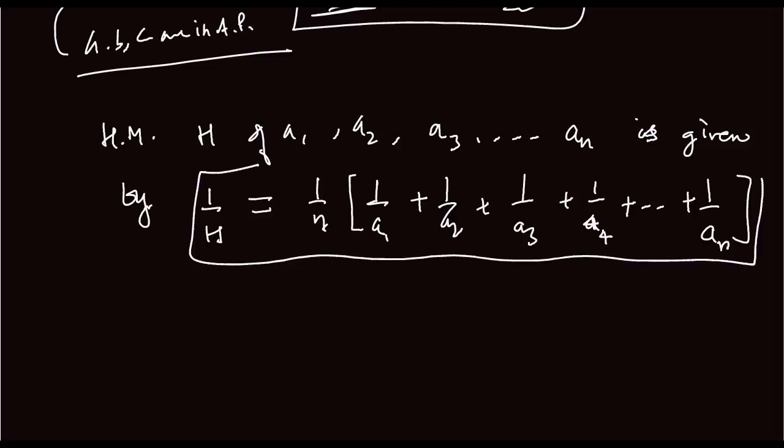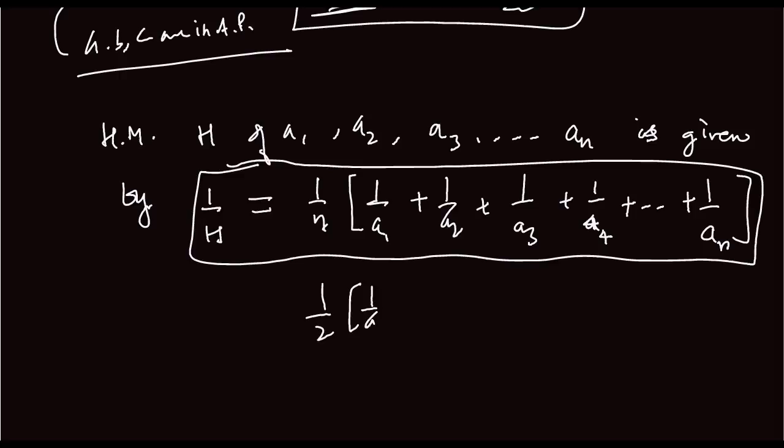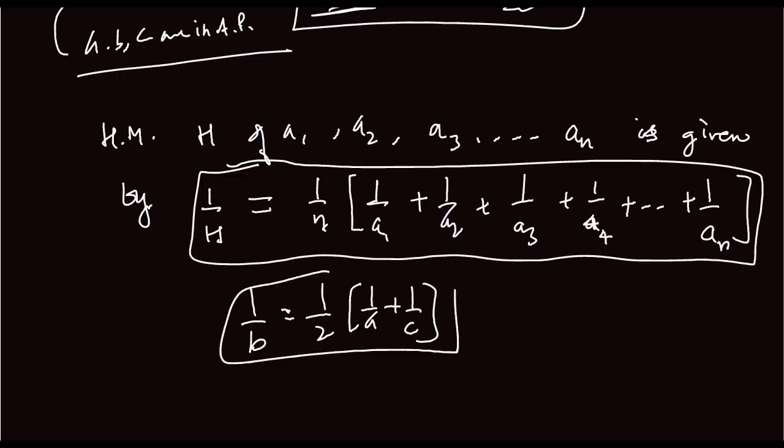This is just like the arithmetic mean of the reciprocals. So this will be your harmonic mean. For two terms you can see 1 by 2, 1 by A plus 1 by C. This was 1 by B. We wrote this. So that's how we get this formula.